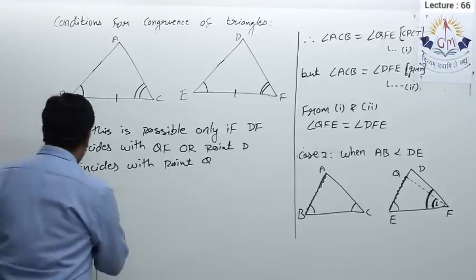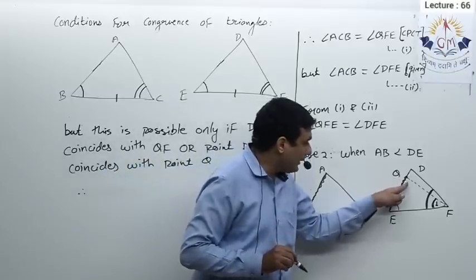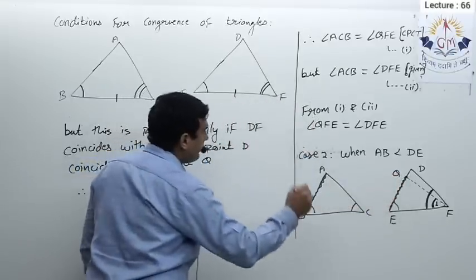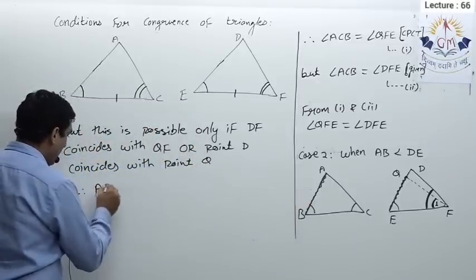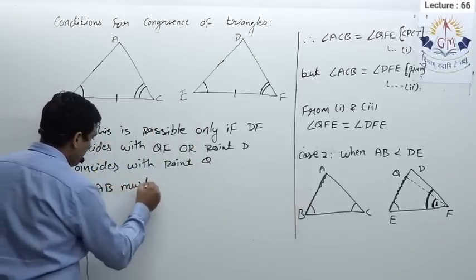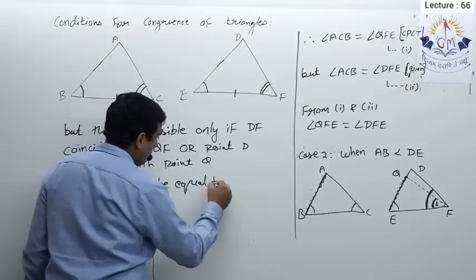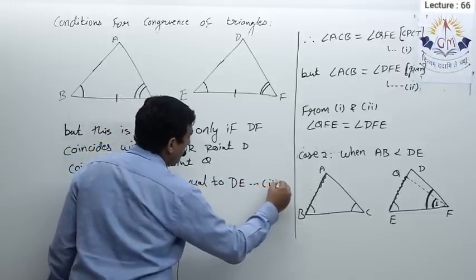Therefore, if this is possible, I can say AB must be equal to DE. Let this be equation number 3.